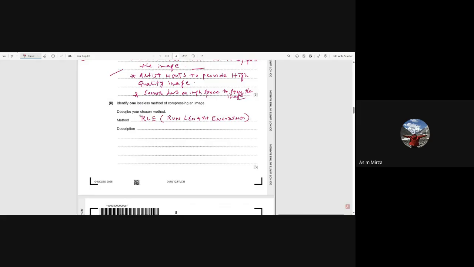Describe your chosen method, that is RLE. So for the description, we can write: RLE, run length encoding. It's an algorithm, right? Run length encoding is a lossless compression algorithm.